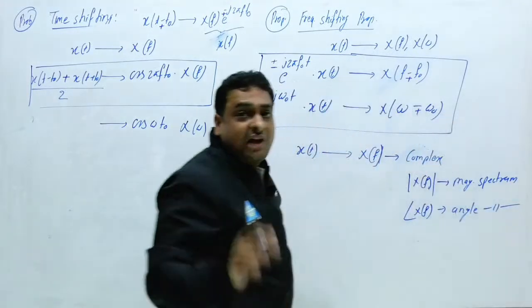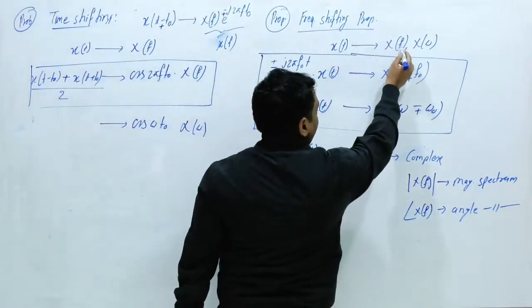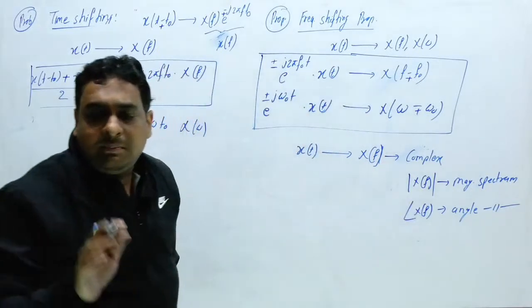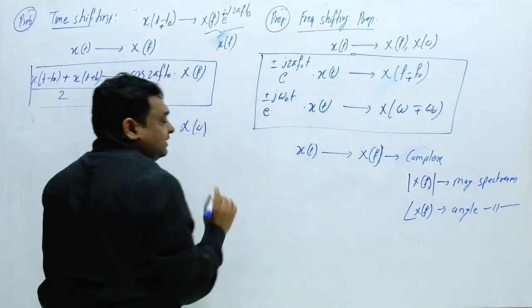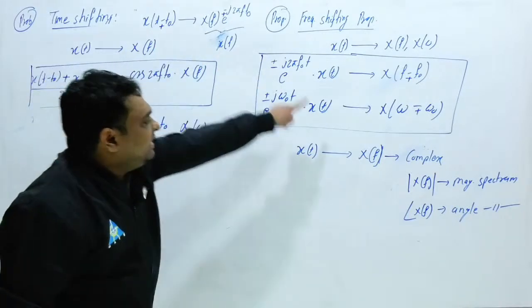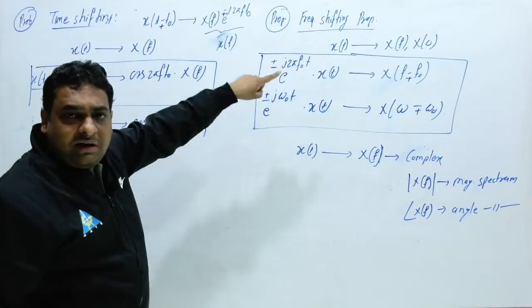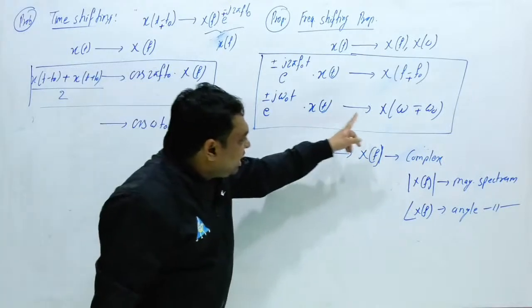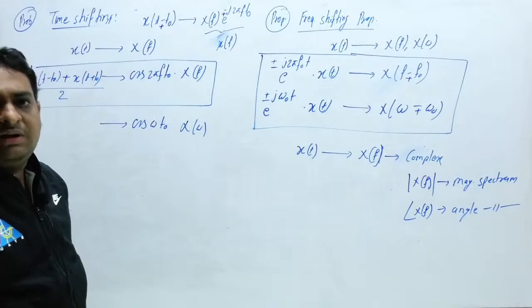Can I say? Now my question, if x(t) Fourier transform is X(f), and this magnitude and phase spectrum already you know, then my question, here and here, h(t minus t0), magnitude spectrum and phase spectrum will be same or different. And here also I want to ask you, magnitude and phase spectrum will be same or different.